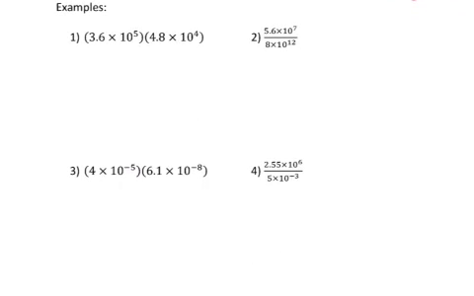In the first example, you should notice that all we have is multiplication. We have 3.6 times 10 to the 5th times 4.8 times 10 to the 4th.